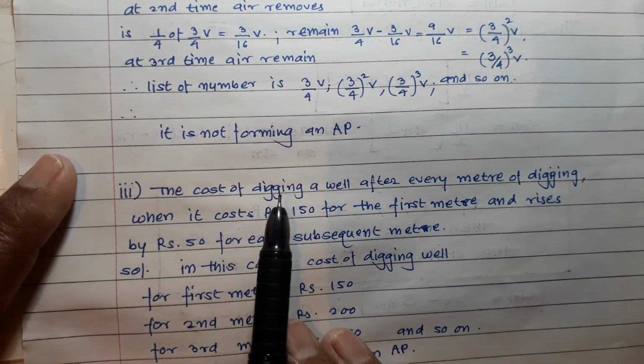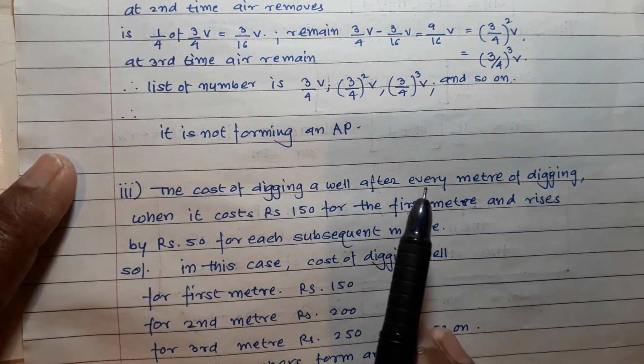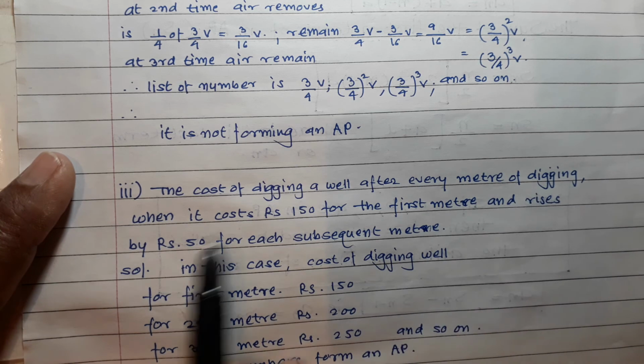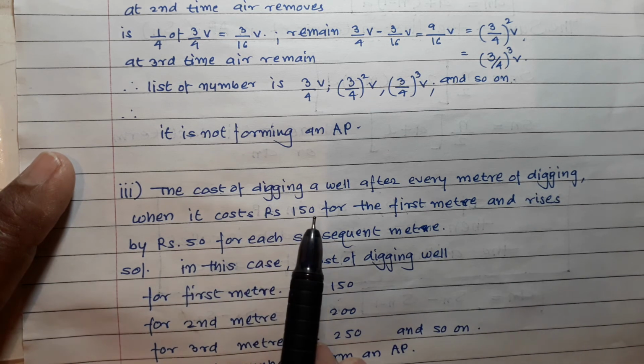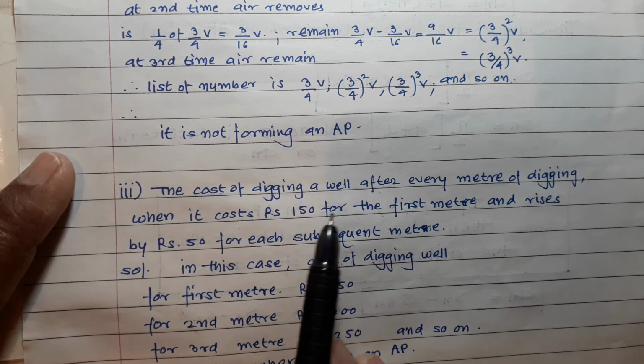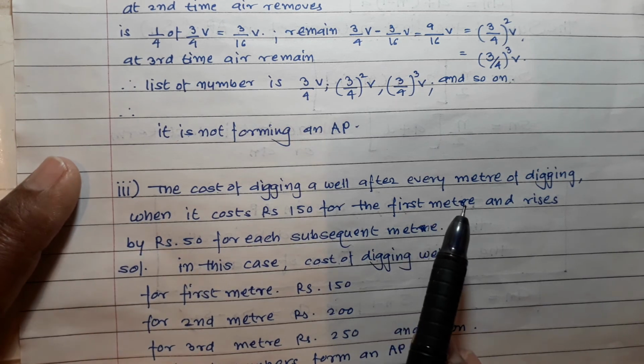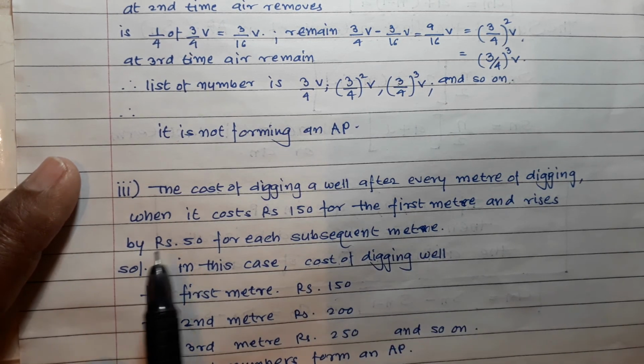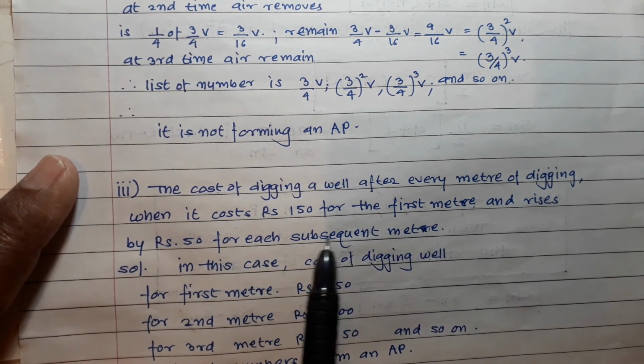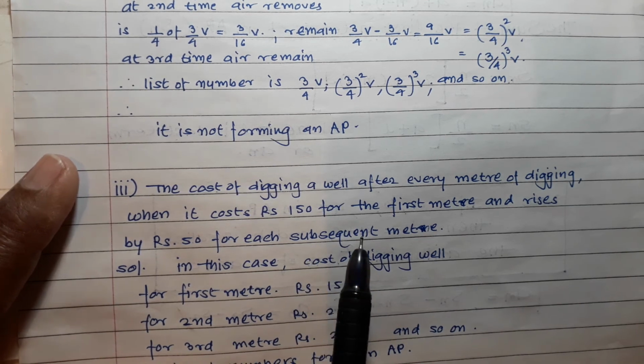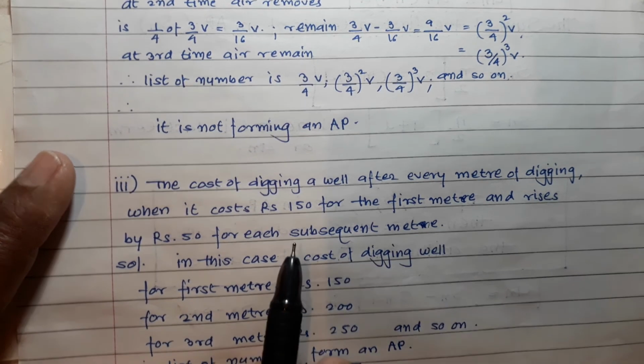The cost of digging a well after every meter of digging, when it costs rupees 150 for the first meter and rises by rupees 50 for each subsequent meter.